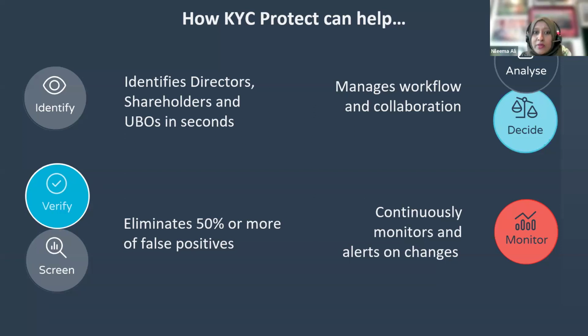Well, you can identify directors, shareholders, and UBOs in seconds using Creditsafe data within the platform. It will also eliminate 50% or more false positives within the system because the search and the algorithm within the screening system is improved. You can also manage workflow and collaborate within the system, and of course, continuously monitor and be alerted for changes to those profiles in a timely manner as well.